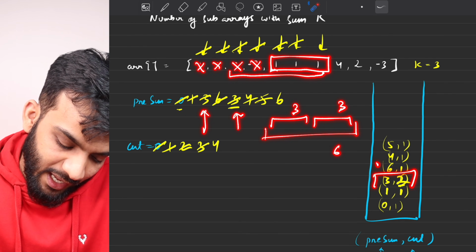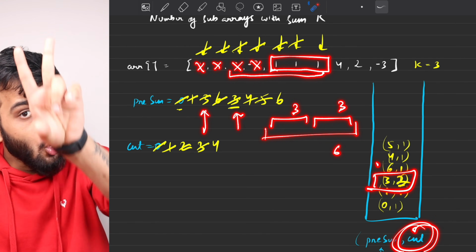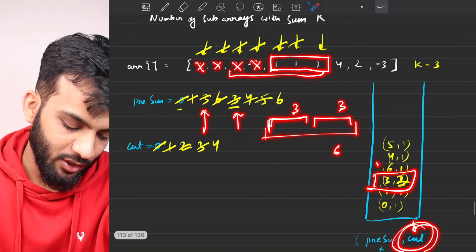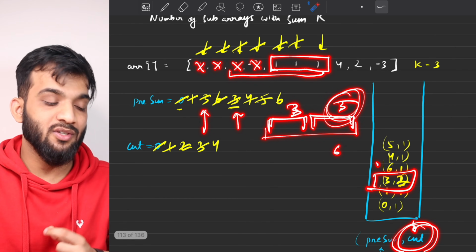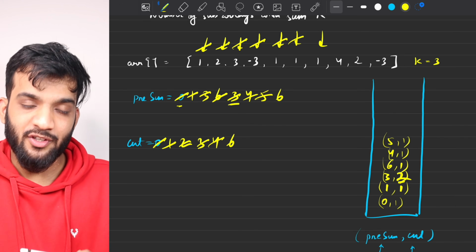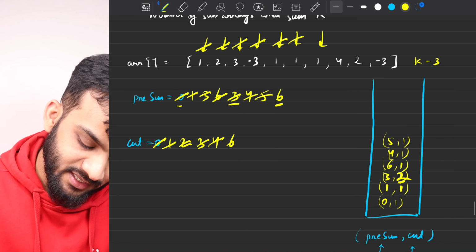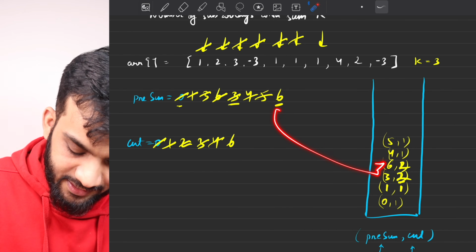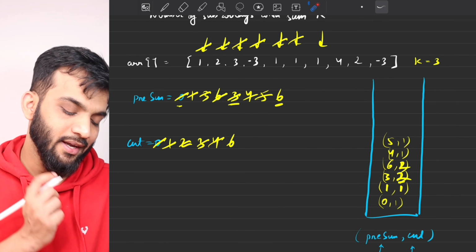This is why I was storing count. So there are 2 occurrences which on removal can give you this particular sum, and then you will be ending up with 3. So add up to 6 subarrays found. So for 6, I've added the number of subarrays. What is the next one? Add 1. So 6 will be added over here. Please make sure to add 6 over here instead of adding it again into the hash map.